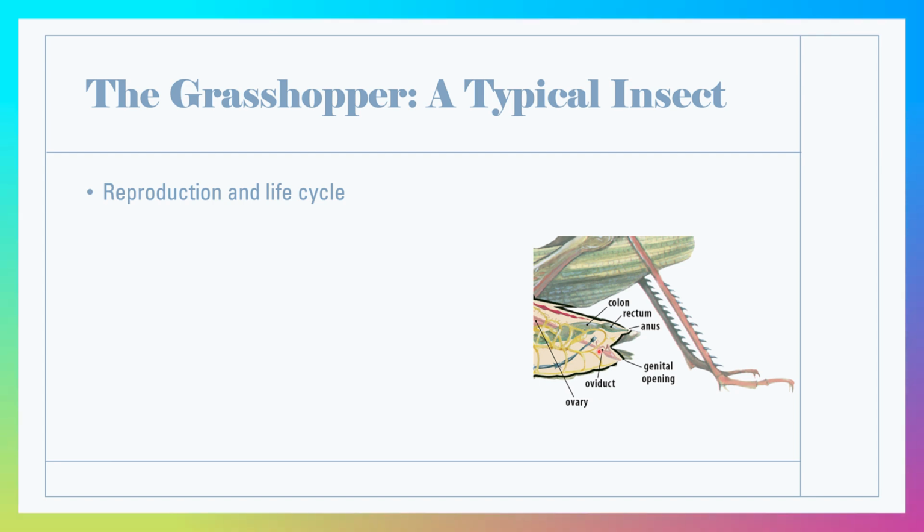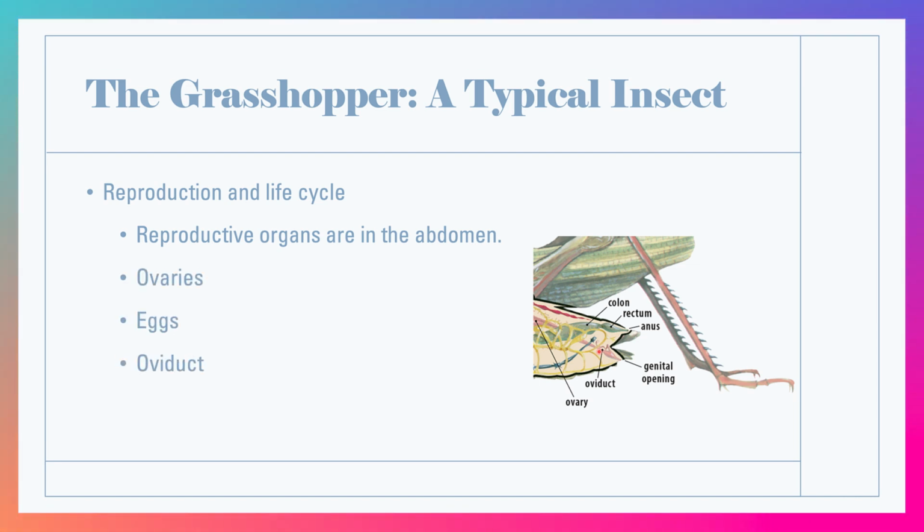We're going to talk about the fourth system, the reproduction and life cycle system. The reproductive organs are in the abdomen and are the ovaries and the female eggs and oviduct. And the urogenital opening is where the sperm is introduced and held until fertilization occurs.